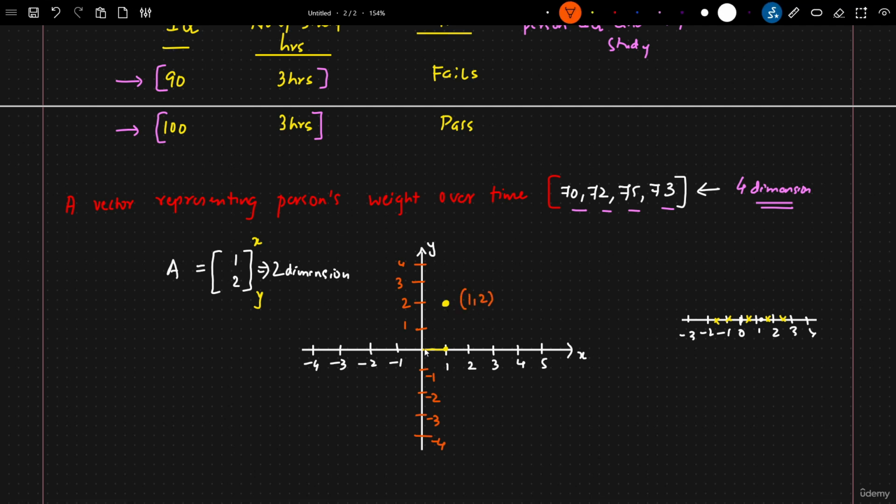Again, calculating the distance between the origin and this vector is very simple, because you can directly apply Pythagoras theorem. You take this value, which is 1, and this value, which is 2.